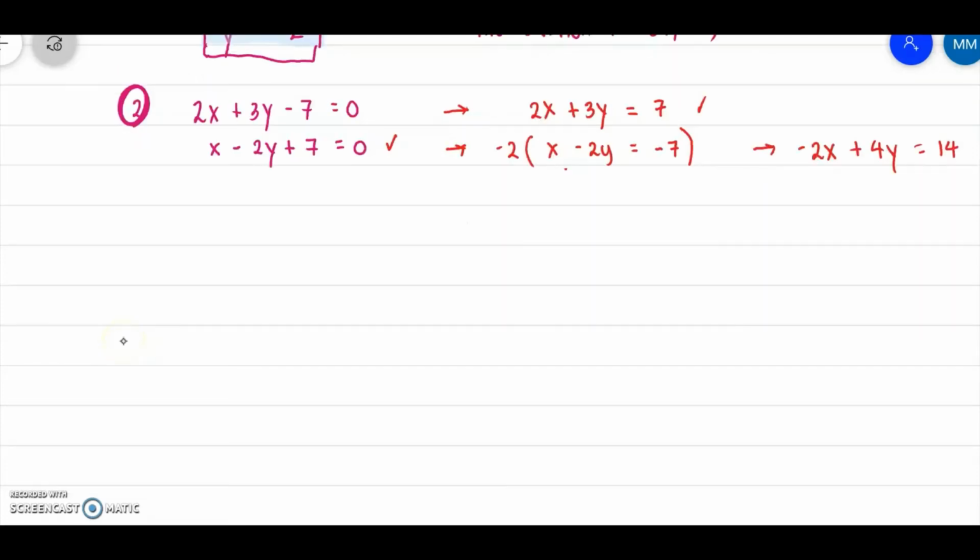Let's proceed. Write again our first equation: we have here 2x plus 3y equals 7. And our new second equation, which is negative 2x plus 4y equals 14.